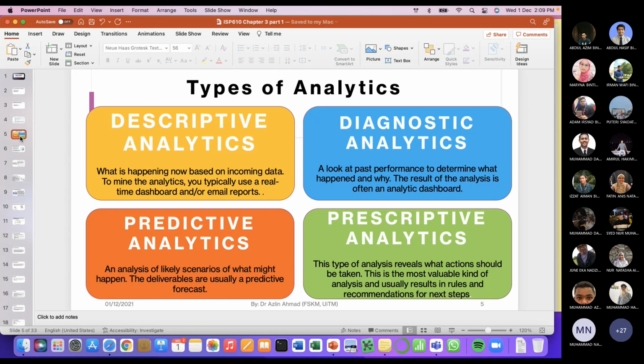What is happening based on the data? To mine the analytics, you typically use a real-time dashboard or email reports. So we have to come out with a report. Tak kisahlah whether the report is in hard copy or soft copy, or in the form of a dashboard, but you need to display the findings for this descriptive analytics.